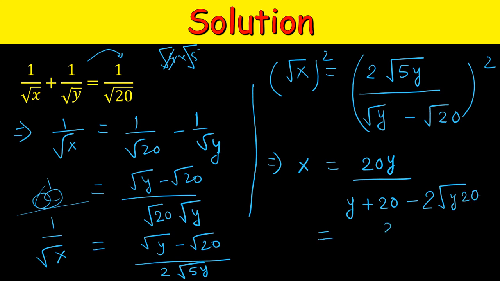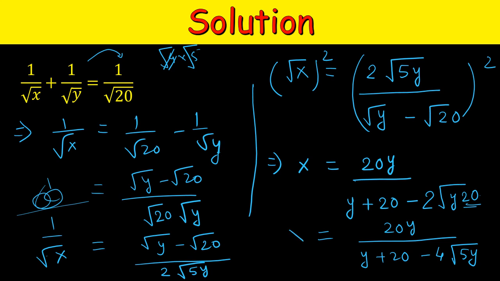So it is 20y divided by y plus 20, then minus, again 20 can be written as 5 multiplied by 4, so 2 will come out, so 4 root 5y.